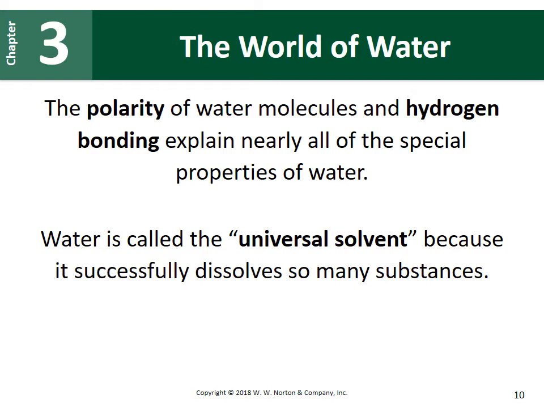The polarity of water molecules and that hydrogen bonding explain nearly all of the properties of water that are important for living organisms. One property of water that's really important is that it is a universal solvent. Water is called a universal solvent because it can dissolve a lot of different substances in it.